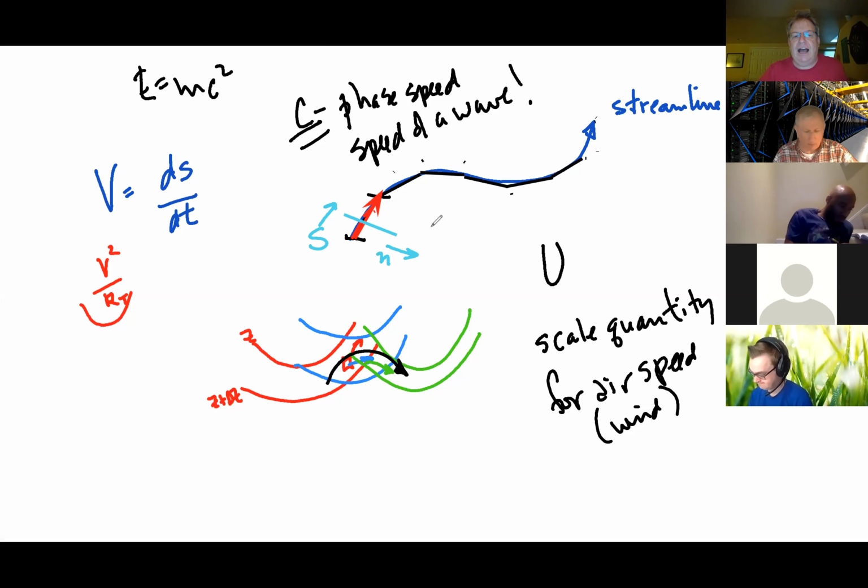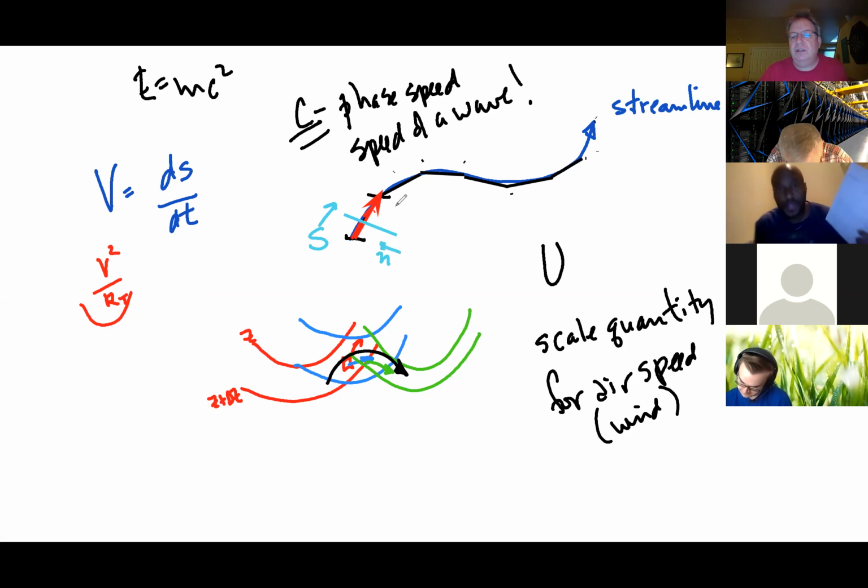I'm sorry, I lied. Actually, I didn't lie, I made a mistake. n should be the other direction. Oh, n should be on the left side? Yes, it's directed to the left. Silly question: in the southern hemisphere also?